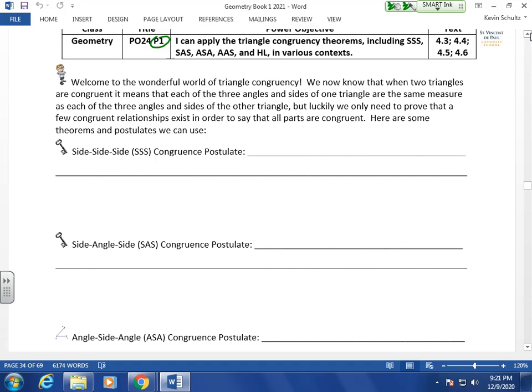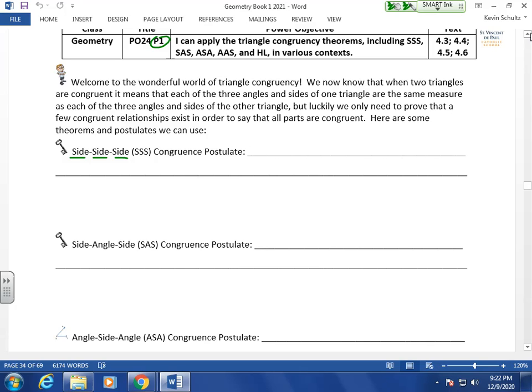The first one is the side side side congruence postulate, or the SSS. Okay, so remember, I said we only need to get 3 of the 6 parts. One option is to get the 3 sides.